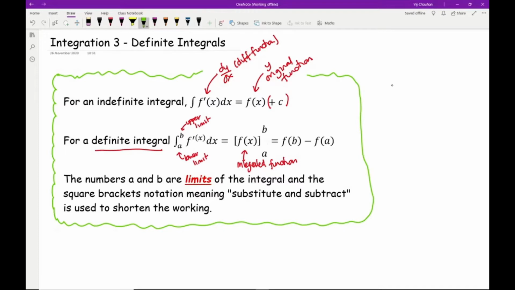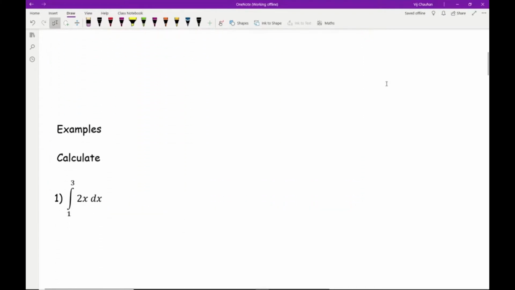That should really have been taught before this, but it's really important that you master the mathematics and the notation of definite integrals before we move on to where it's commonly used in the real math place. So let's have a look at some examples to start with.